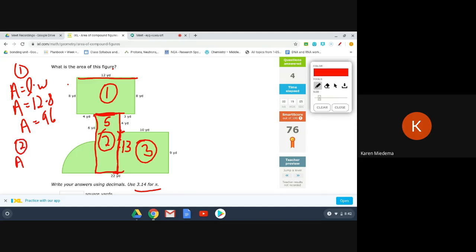For the second one, length times width, 5 times 13, and that gives me 65. For the third rectangle, I have 10 by 9. 10 times 9 is 90.